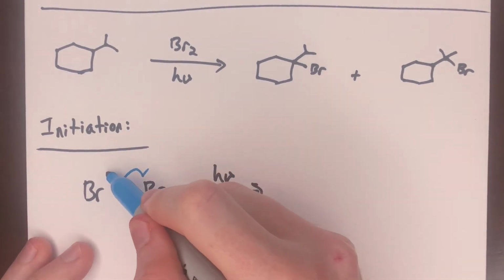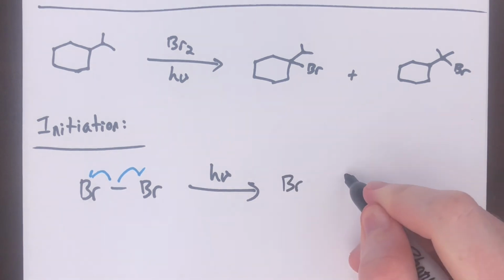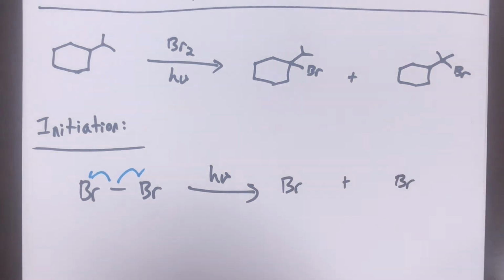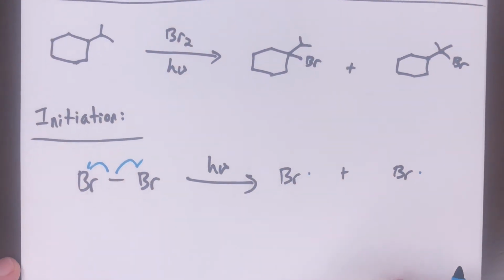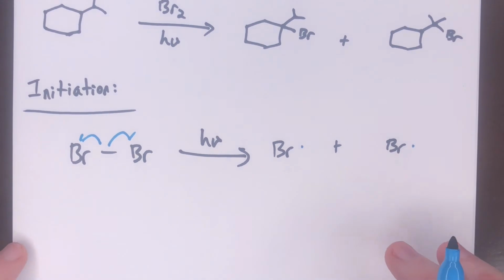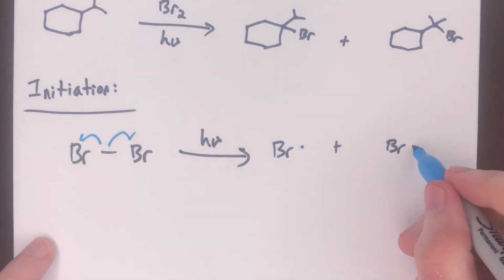So here's our homolytic cleavage. We make 2 bromine radicals. Okay, and then this finishes the initiation step. We've now created our radicals that can then begin the propagation steps.